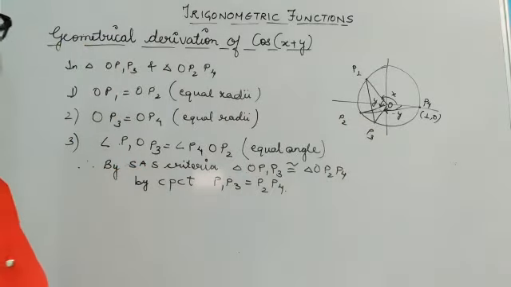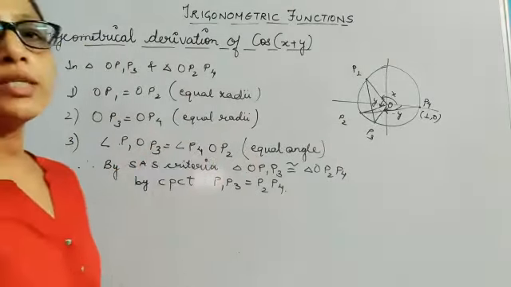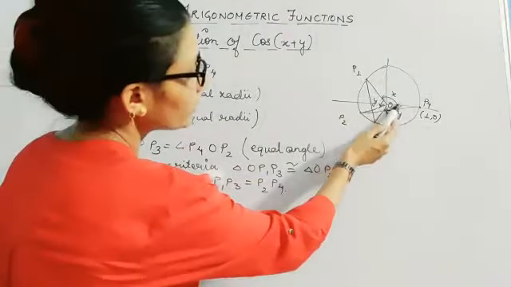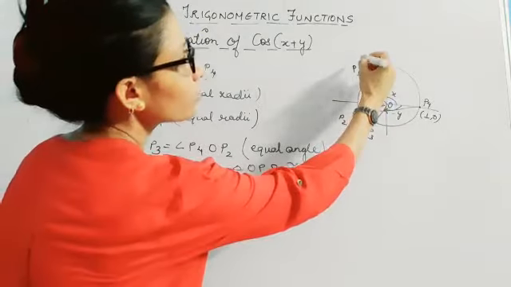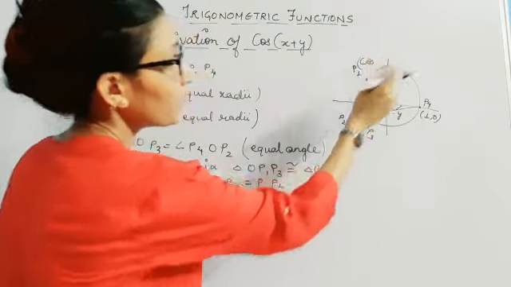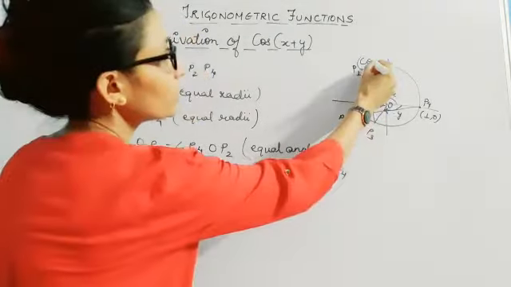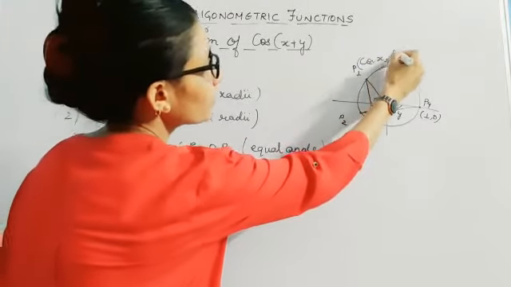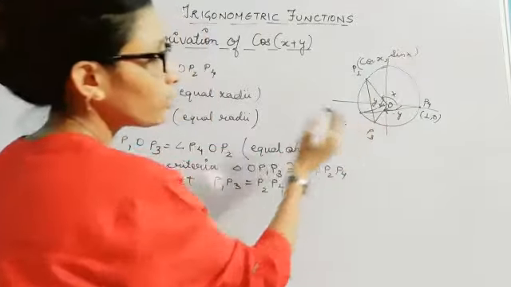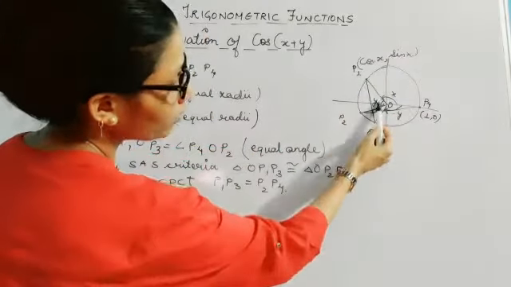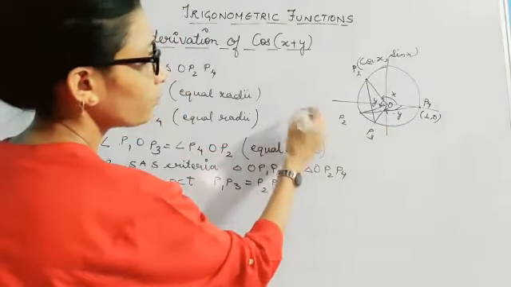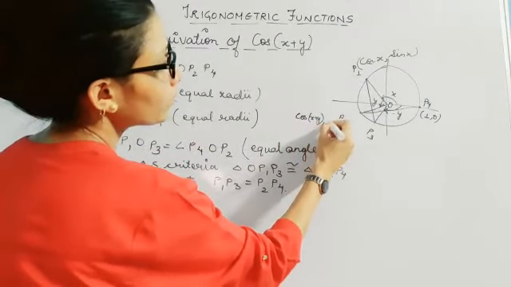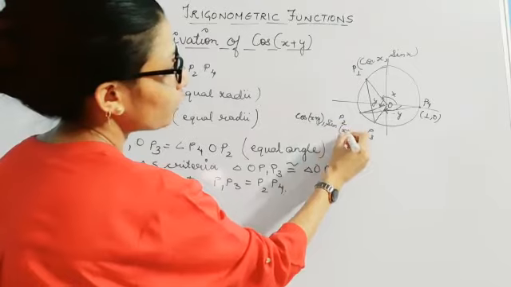Here the distances P1 P3 and P2 P4 can only be calculated if you know the coordinates of P1, P2, P3. So let's see what will be the coordinates of P1, P2 and P3. Now you see here this angle is X, that means the coordinate of P1 will be, since it is a unit circle, in trigonometric form, that means cos X, sin X. What will be P2? This is X plus Y, so the coordinate of P2 will be cos(X + Y), sin(X + Y).